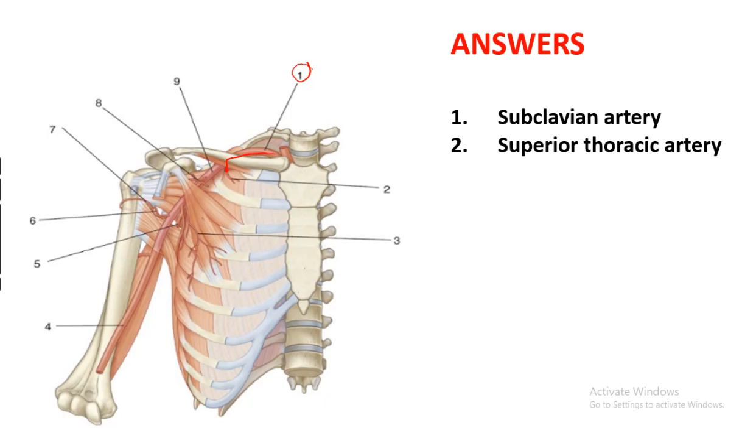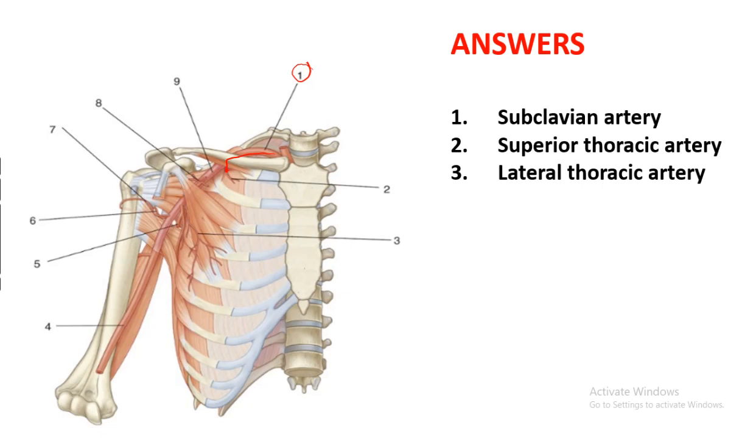Let's quickly move on and look at 3. 3 is simply the lateral thoracic artery. This is also branching off from this part of the subclavian artery, but the name normally changes at this region from the subclavian artery to axillary artery.